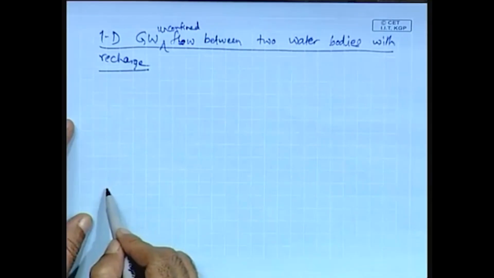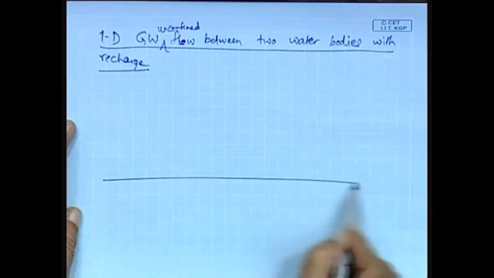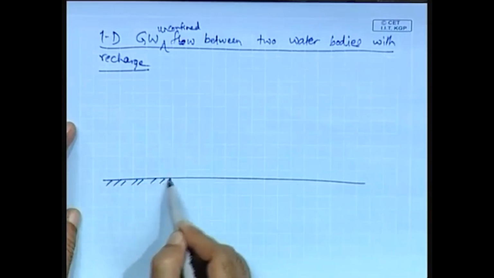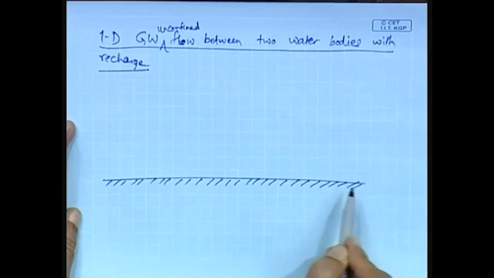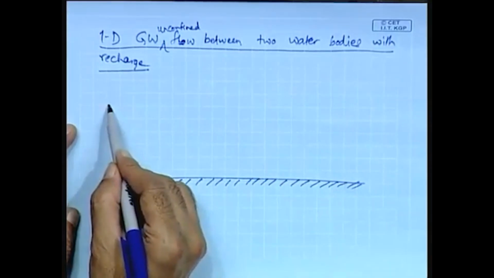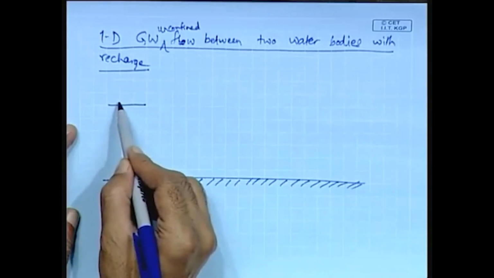So, let us consider unconfined groundwater flow, and let this be the upstream water body.